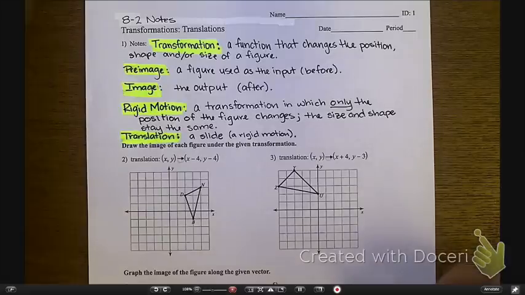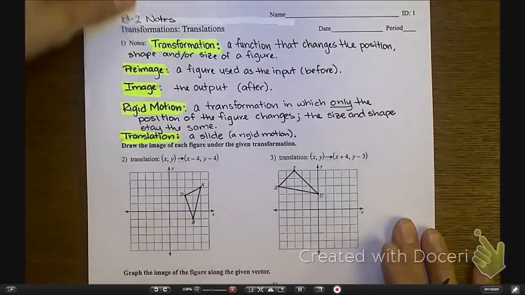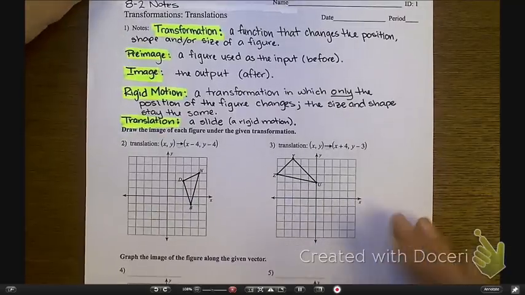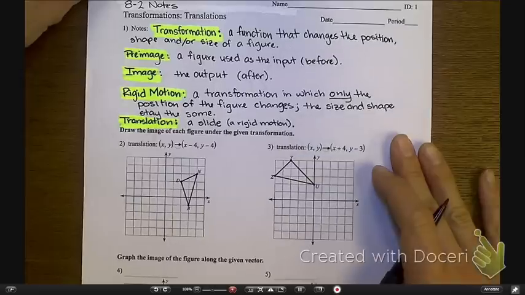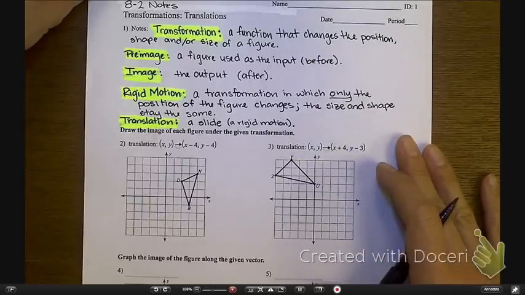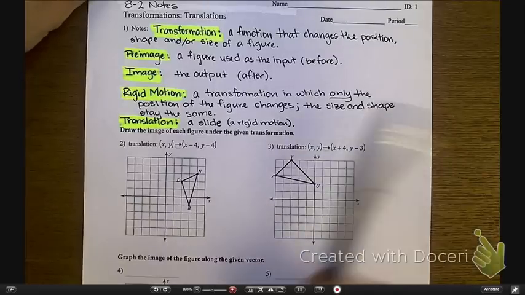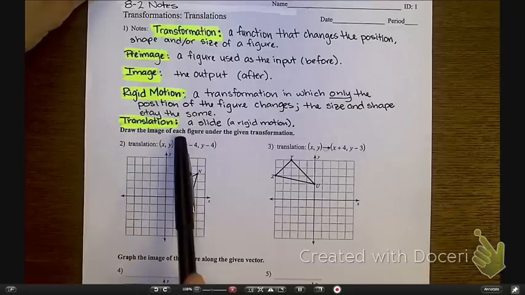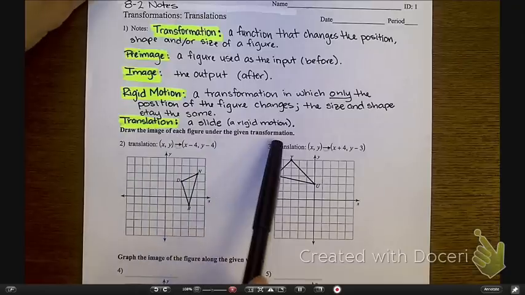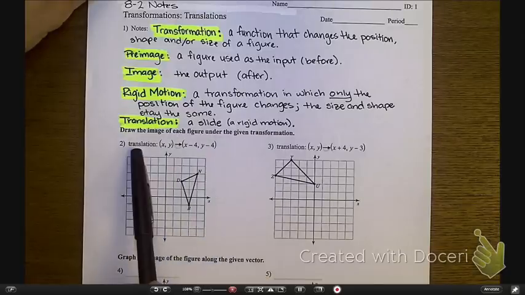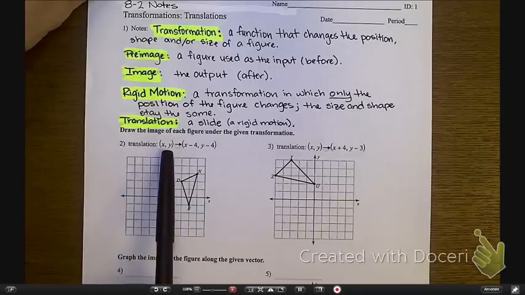Okay, so what we're going to do in these examples is work through some different translations. They've told us to draw the image of each figure under the given transformation. The transformation is a translation in which x and y map onto x minus 4, y minus 4.